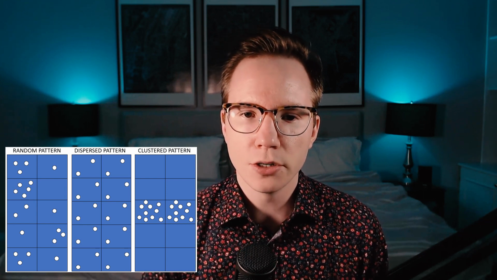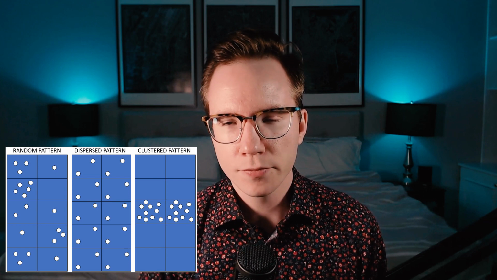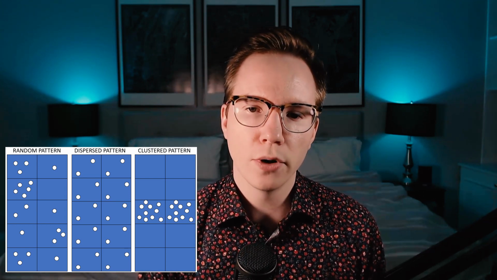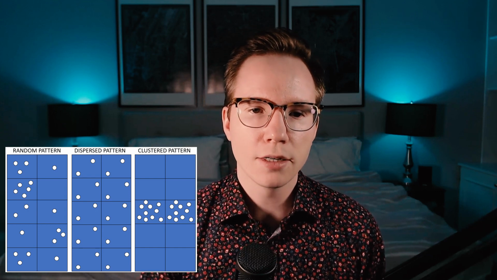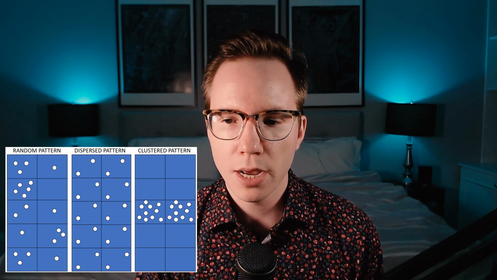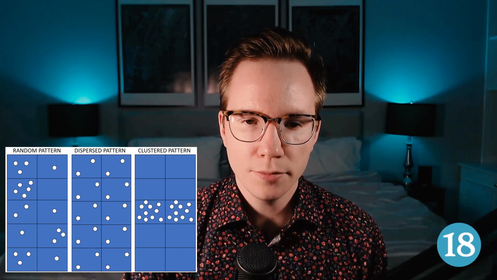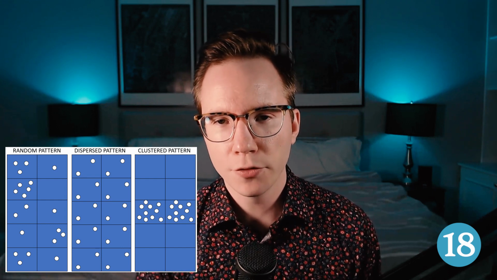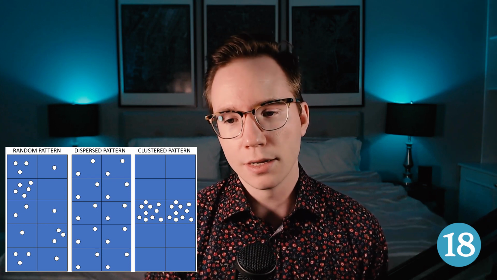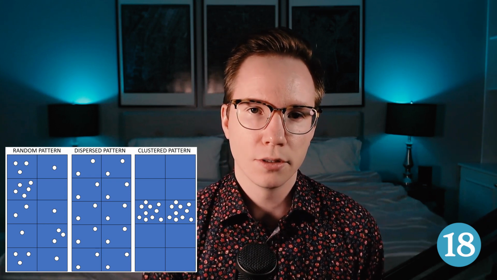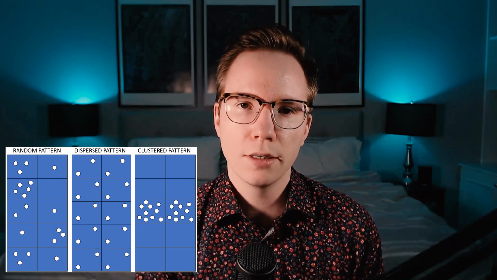But in the end, you can see the random pattern here has a VMR of 1.1, which is very close to 1, and thus it shows a random pattern. In the second example, we have a perfectly dispersed pattern, and its VMR is 0, which obviously means it's perfectly dispersed.